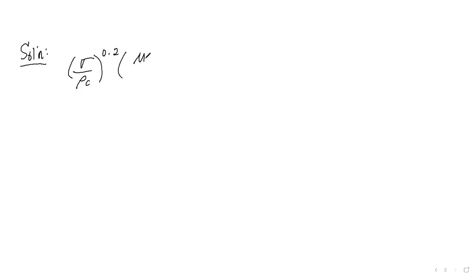Then we should have here the viscosity of the continuous phase divided by the difference in the density. Then we have the surface area per unit volume for the packed tower divided by the void fraction, which is to be raised to 1.5.